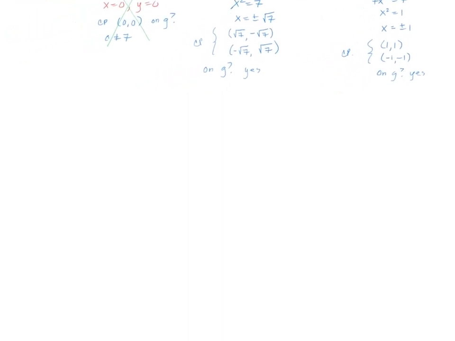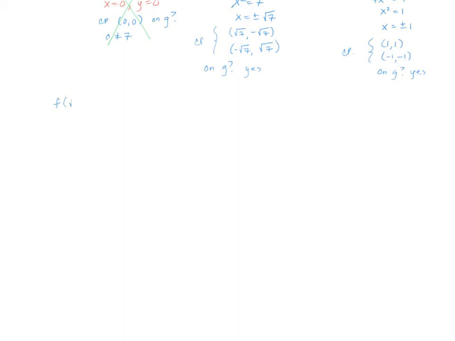So now that we got 4 critical points, we can plug them in. If we compute f of square root of 7 comma negative square root of 7, remember we're putting those x values and y values into our function f, and our x is squared and our y is squared. So in fact it doesn't matter whether we have a negative or a positive square root of 7. These two critical values are going to give me the same z value.